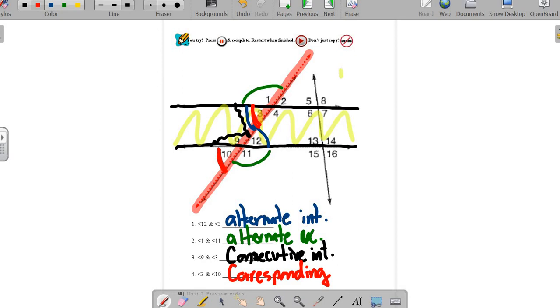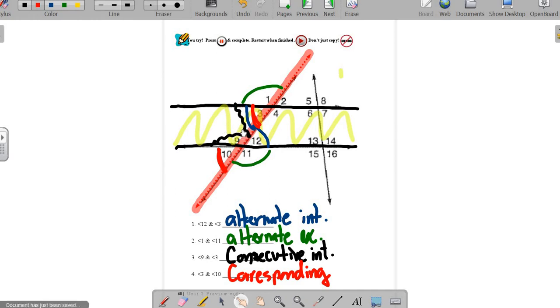So 12 and 3 are alternate interior, opposite sides of the stir stick between the lines. 1 and 11 are alternate exterior, opposite sides of the stir stick outside the lines. 9 and 3 are inside between the lines.